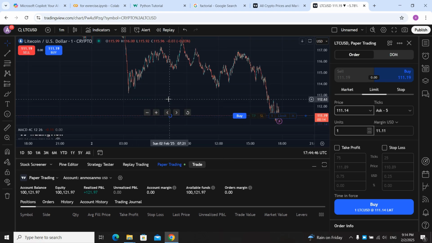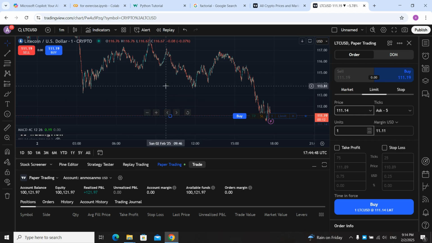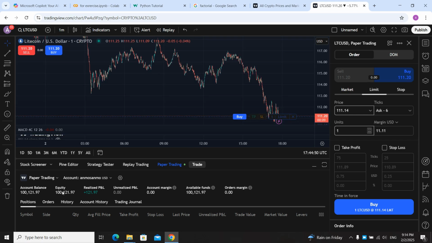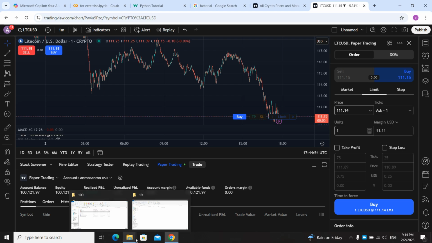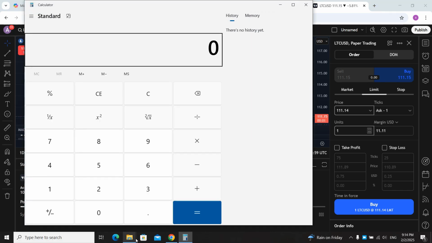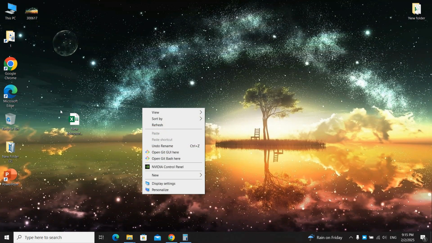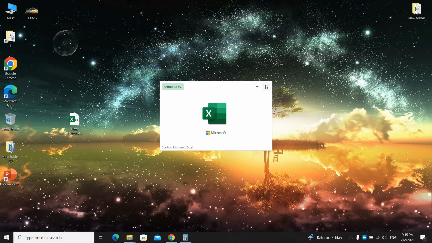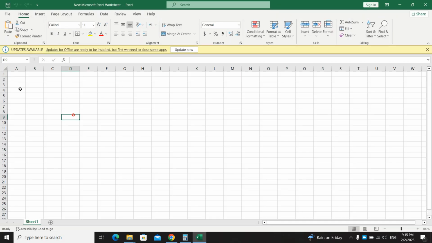We can buy here, and as you see, our money is $100,000, and we are going to see how much we can trade. Let's say we create an Excel here for the money. We know how much we can trade. Let's say the first money we have is $100,000.